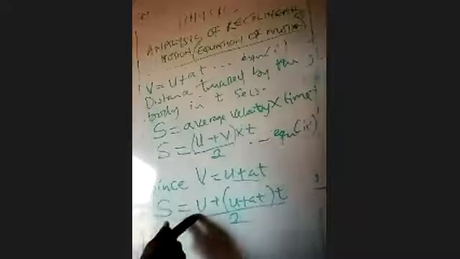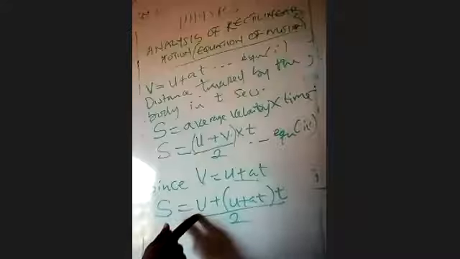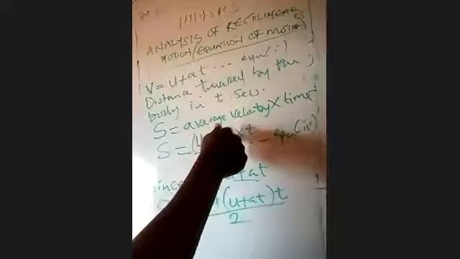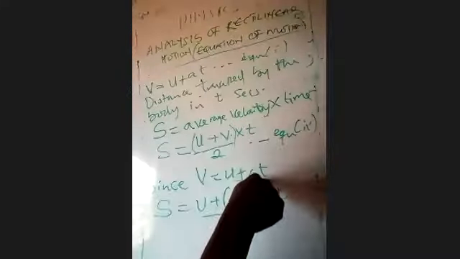Since our V is equal to U plus a t from equation 1, distance S is equal to (U plus V) times T all over 2. So S is equal to U plus V, velocity. So our velocity now is U plus a t, all over 2.